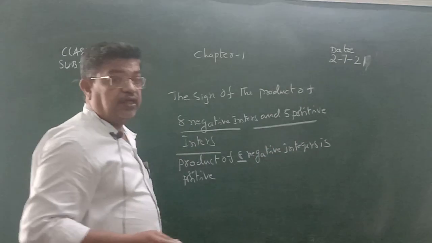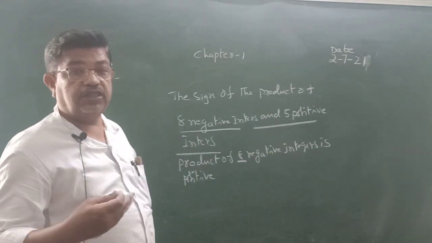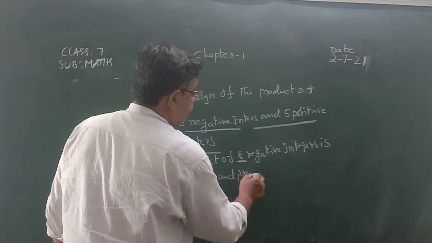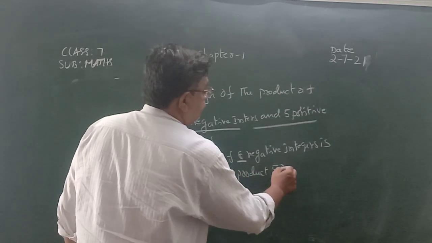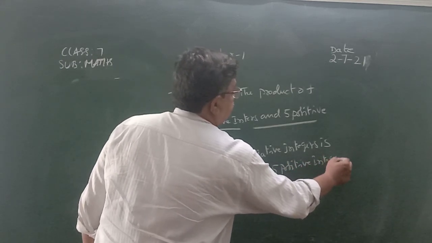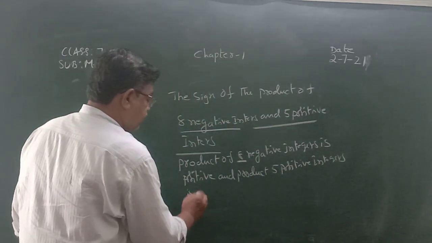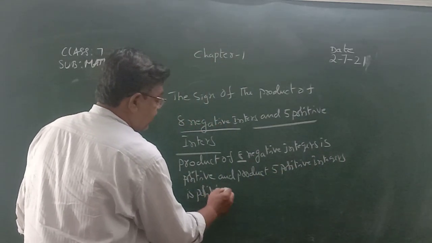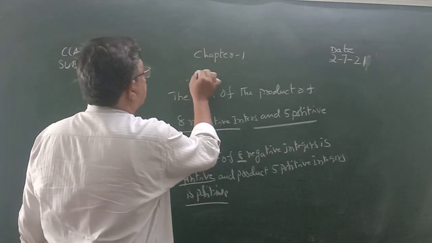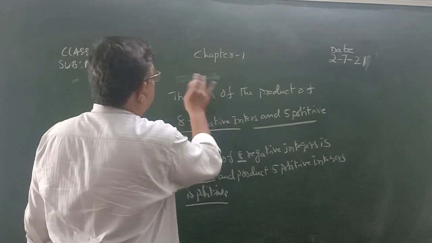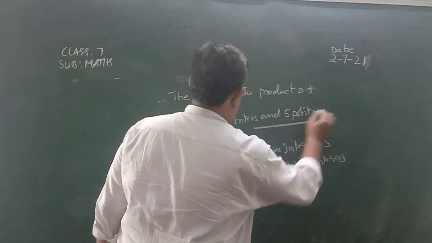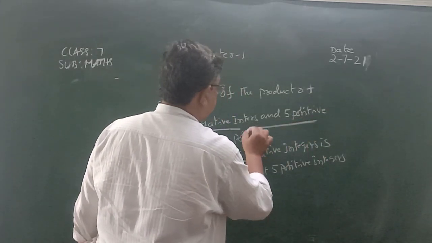You take positive integers, any number, either odd or even, no problem, the product is always positive. So the product of 5 positive integers is positive. Finally the product is positive into positive. Therefore the sign of the product of 8 negative integers and 5 positive integers is equal to positive.